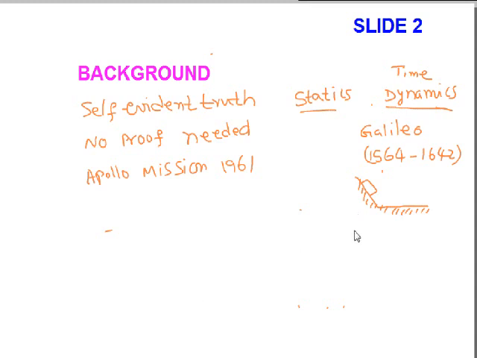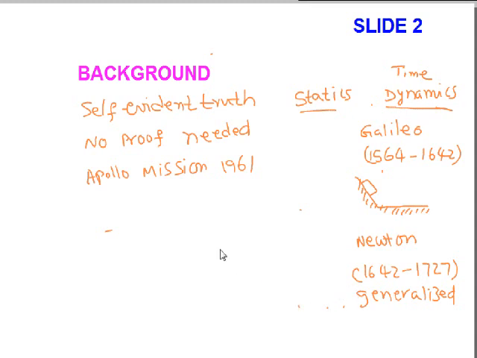Sir Isaac Newton, during 1642 to 1727, generalized those results of Galileo in the form of 3 laws of motion.